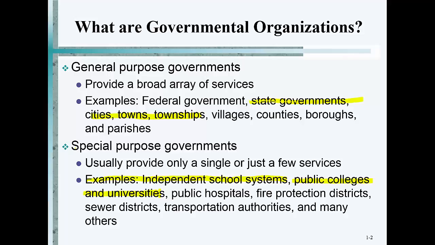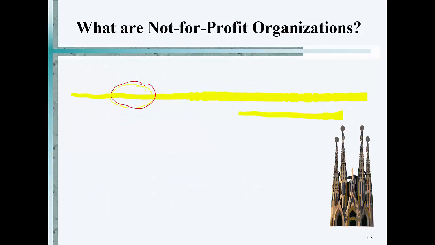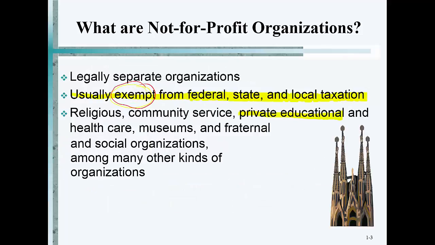All that stuff is their objective, right? Okay, and so you have general purpose government, states, cities, counties. Then you have special purpose governments with a singular purpose. For example, school district is a classic example of that. Okay? Okay, good.